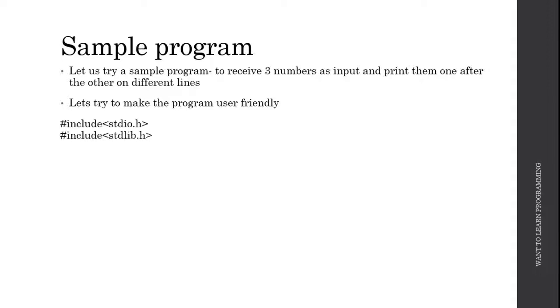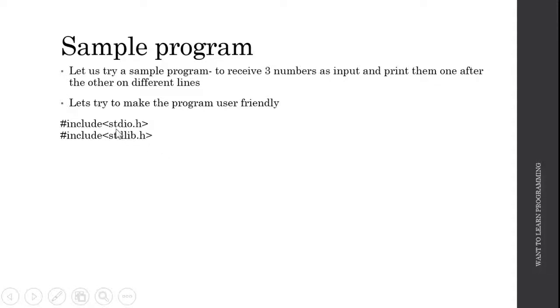As we know the structure of a program, first we write the header files. Please note that this program is to be made user friendly. As we have seen in the previous videos, first we write the header files, that is stdio.h and stdlib.h, that is the standard input output library and the standard library.